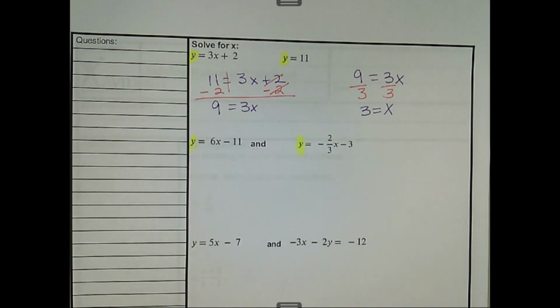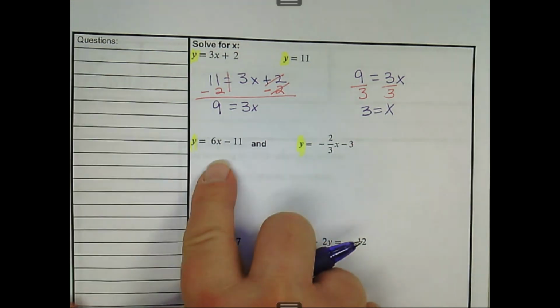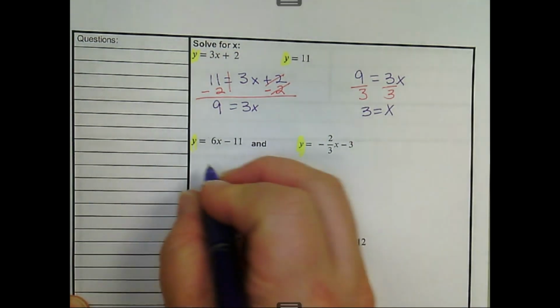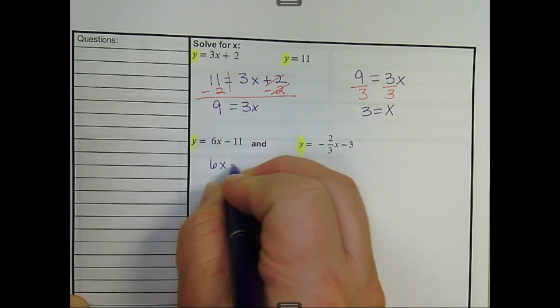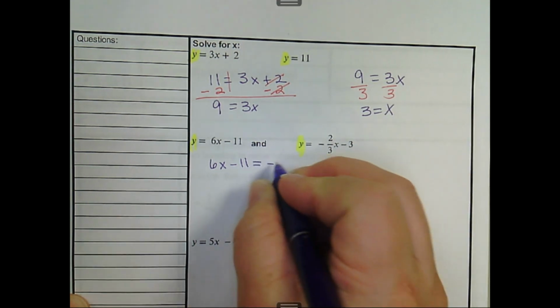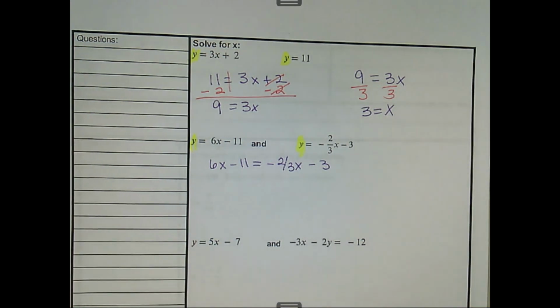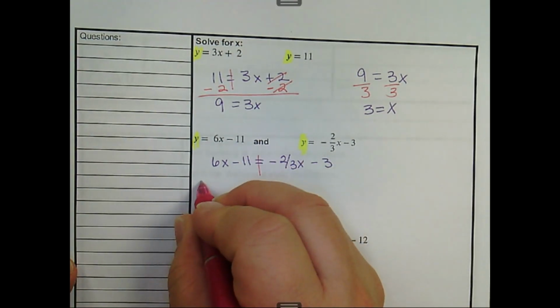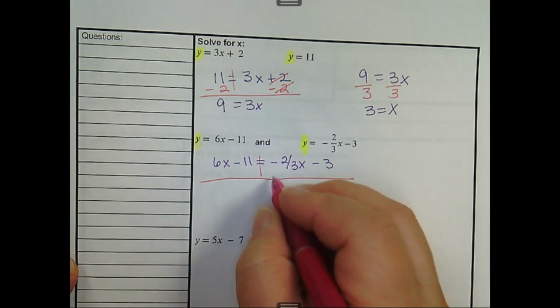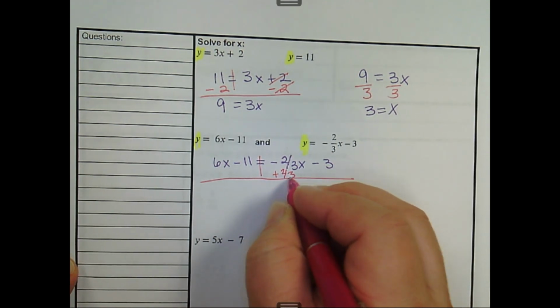So now they're equal to each other. So I can find x by setting them equal to each other. When I get ready, I know that negative 2/3 x is smaller, so I'm going to add 2/3 x to both sides.